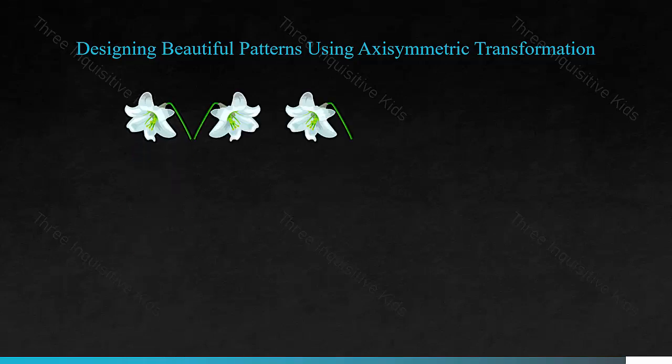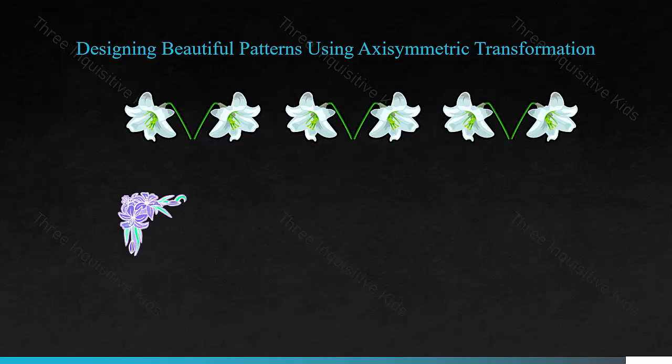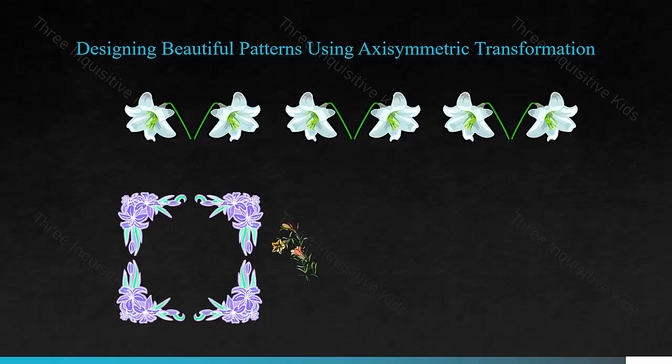Designing patterns using axis symmetric transformations. Here we have flowers. They are axis symmetric. We also have flowers here, and they are also axis symmetric. And these are just some more flower designs with axis symmetric transformations.